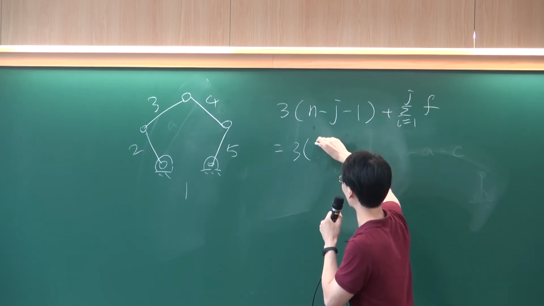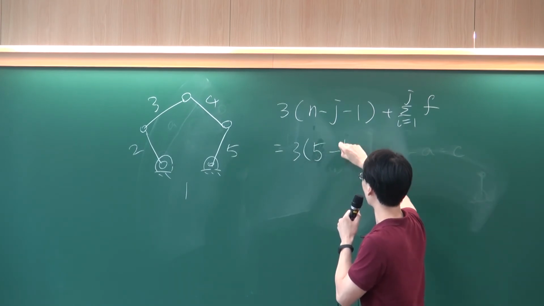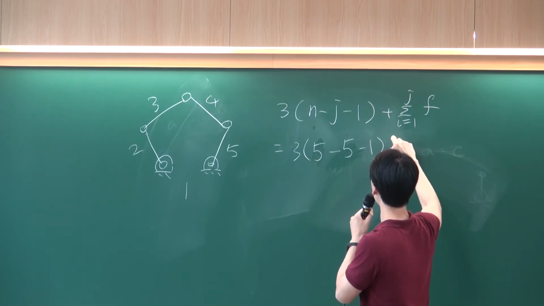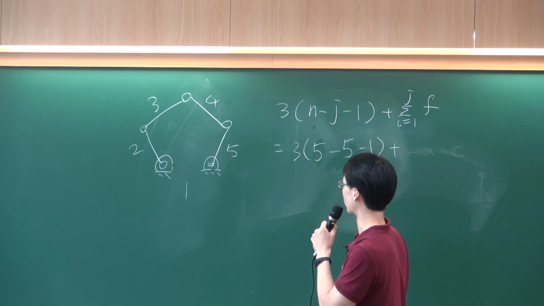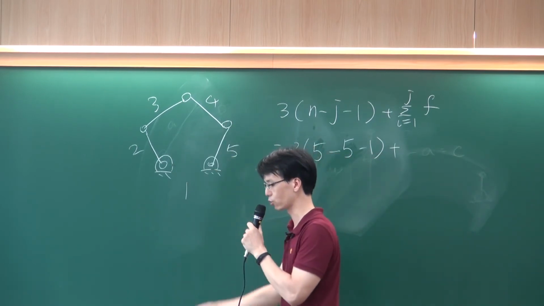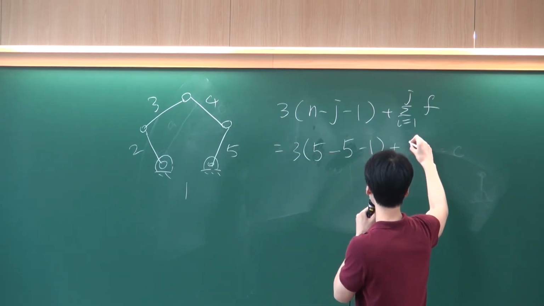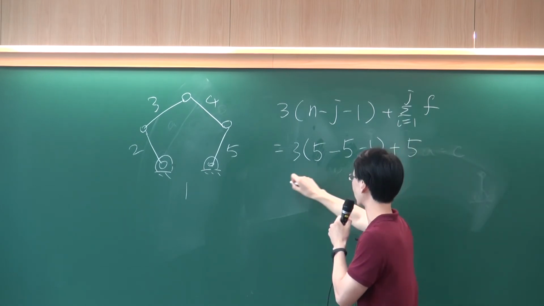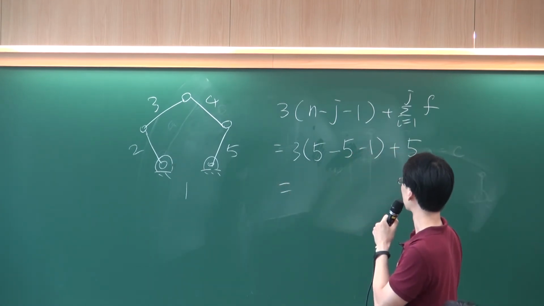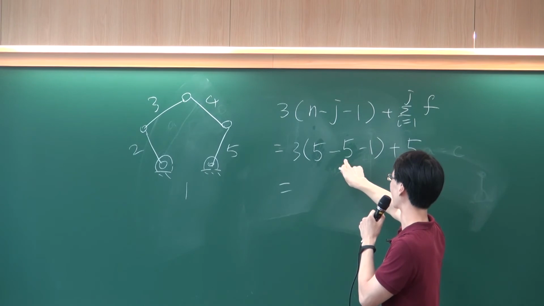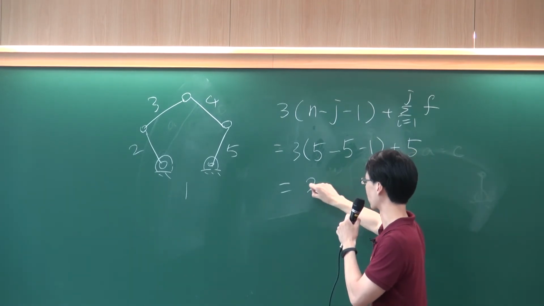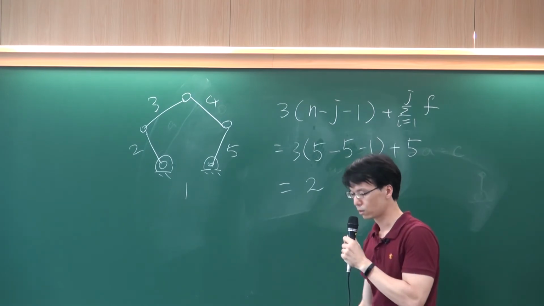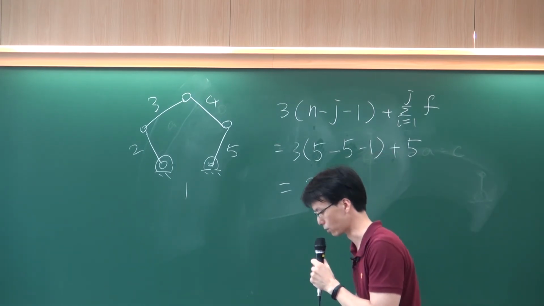Sorry, n is 5), 5 minus 5 minus 1. And we need to add the connectivity back. They are all R joints, so each joint contains 1 connectivity. So we add 5 back. So 3 times (5 minus 5 is 0, so minus 1), minus 3 plus 5, we get 2. So the mobility of this mechanism is 2.